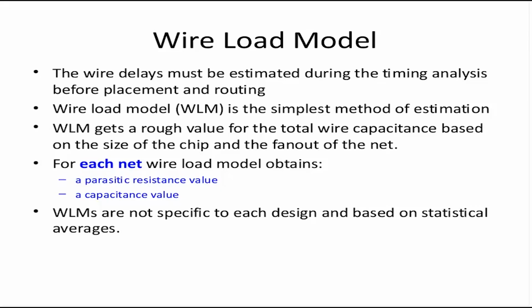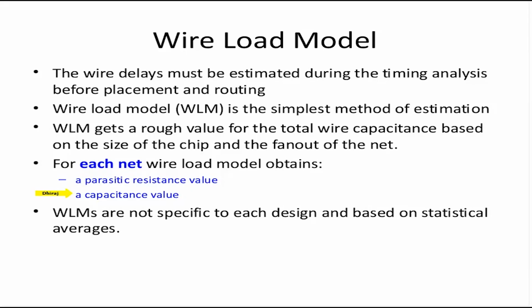That listing will tell you the typical value of the capacitance for different values of fanout. For example, if the fanout was 10, it will tell what the typical cap is. Design Compiler will pick up that cap value from there. It is not accurate, it is just an estimate. So for each net, the wire load model obtains two values, a resistance value and a capacitance value.